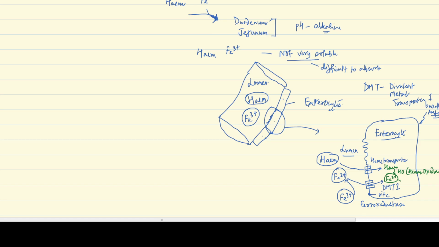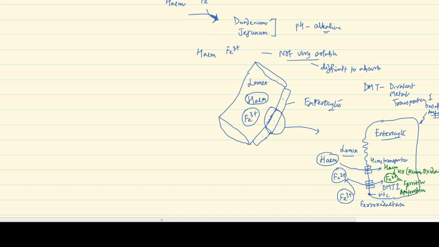Okay, this ferrous ion can be stored, conjugated to a protein which is called ferritin. So there is a protein that is called apoferritin. Apoferritin, when it conjugates to iron, we call it ferritin.